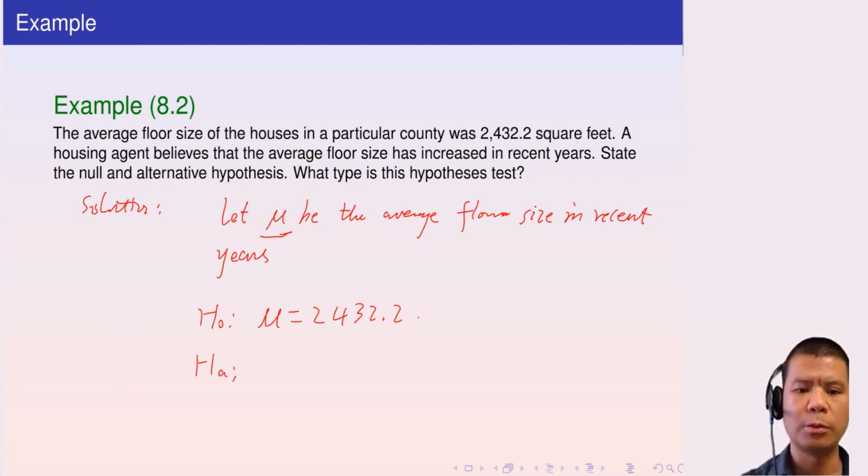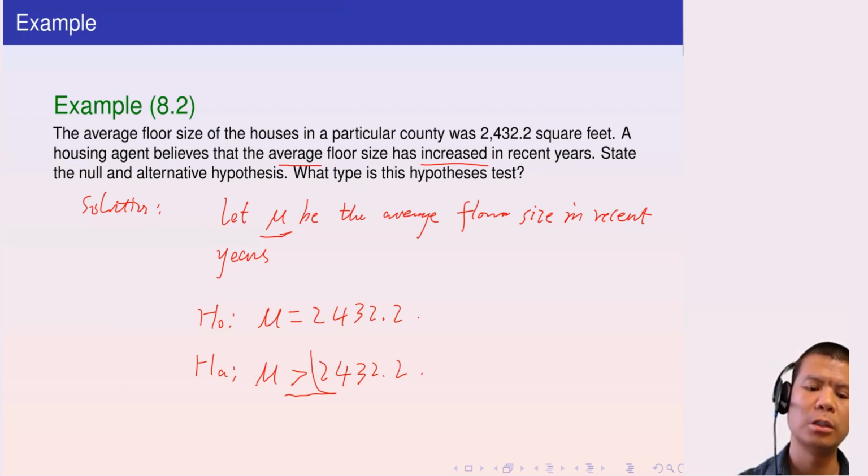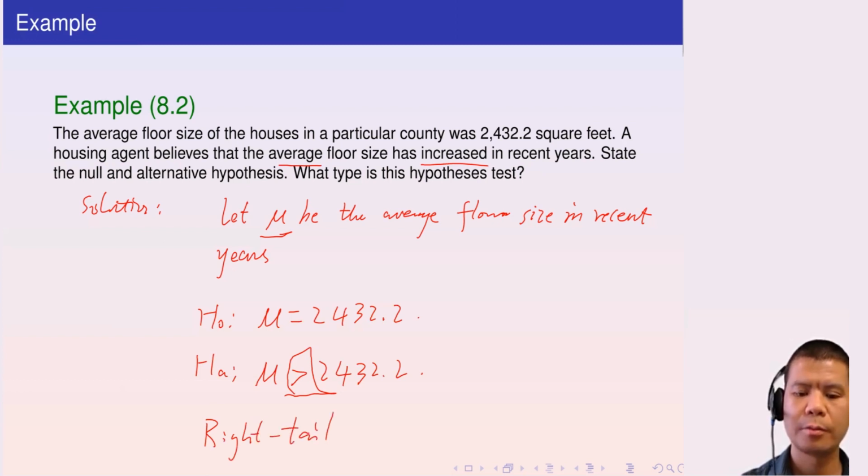The agent believes the average has increased in recent years. So increased means mu is now greater than 2432.2. This is our alternative. Because the alternative contains this greater than sign that points to the right, it is a right-tailed test. So this is another example.